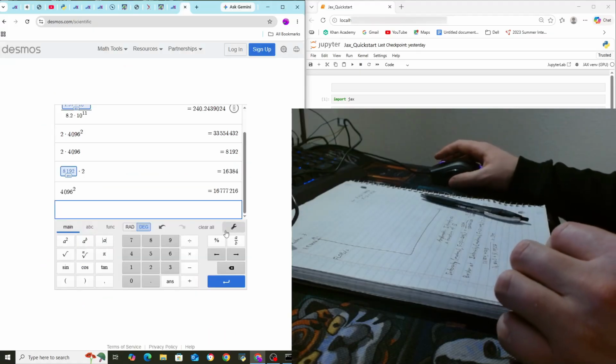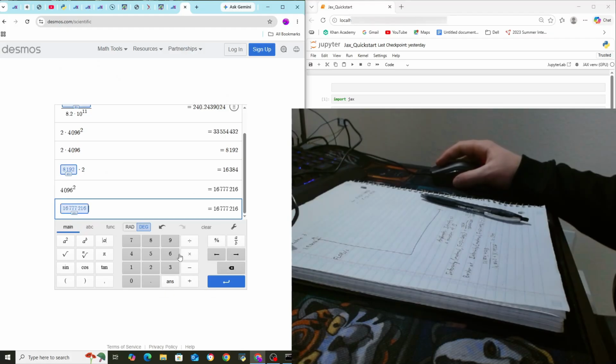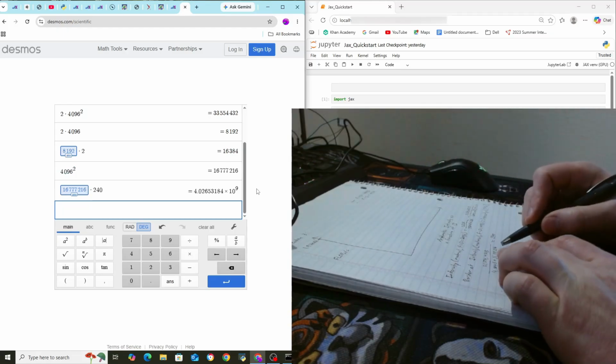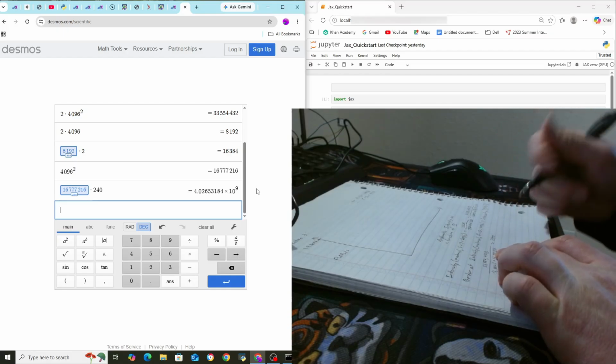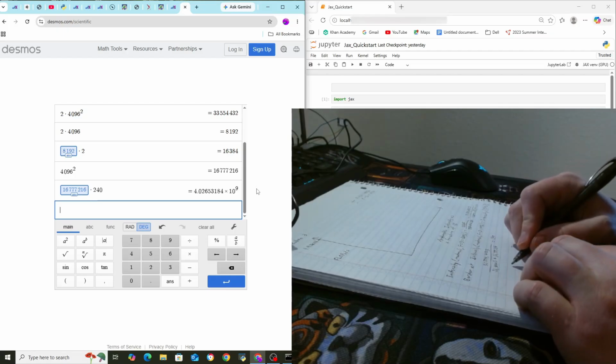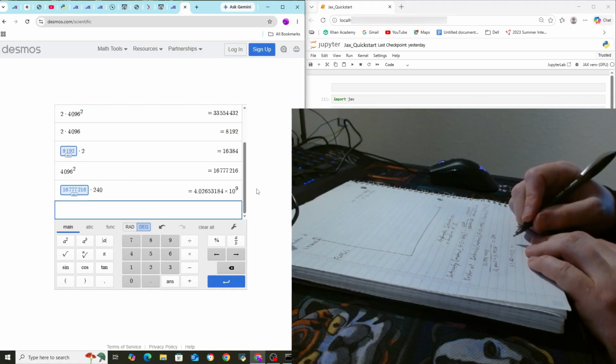Okay, so answer times 240. So this times 240 equals, let's first put an equal sign here, 33,554,432 B. Make this a little clearer so the little tech thing can see it.